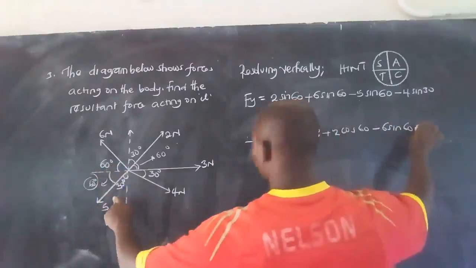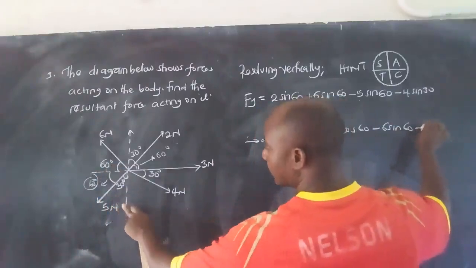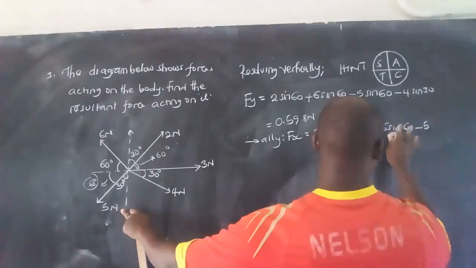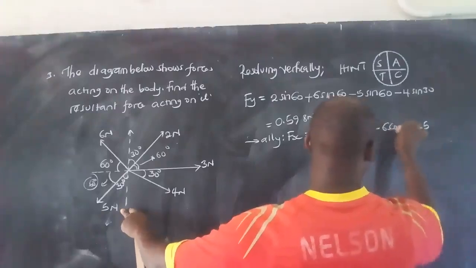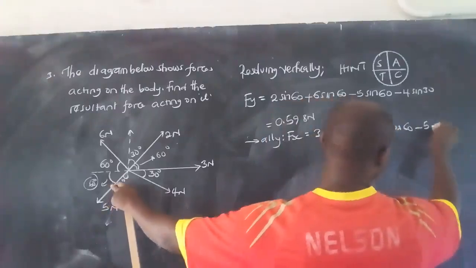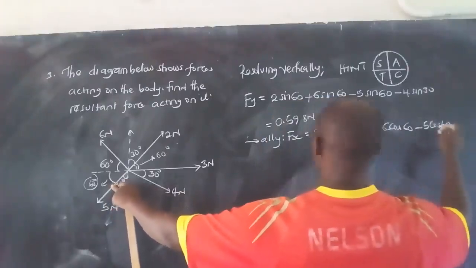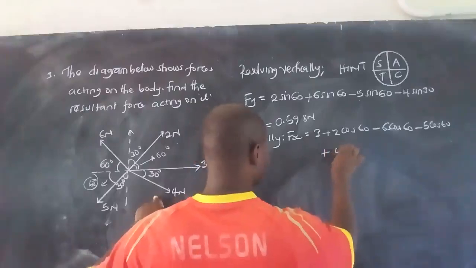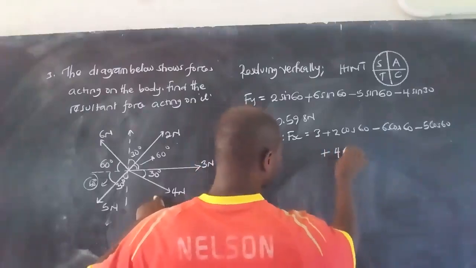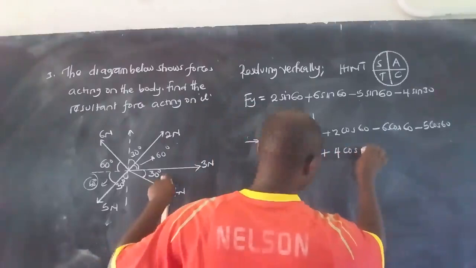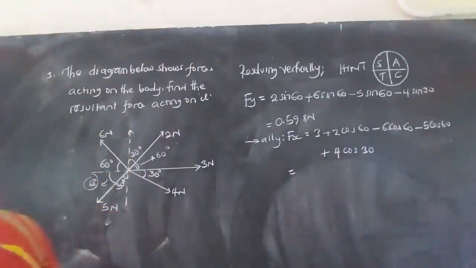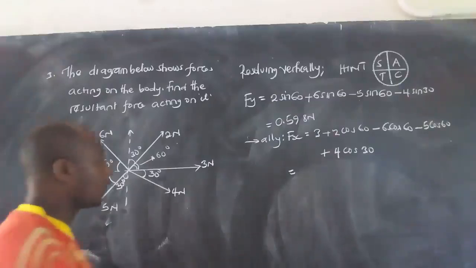Then here it is minus 5 cos of the angle 60. Then plus 4 cos of the angle it makes to the horizontal, which is 30. So when you substitute properly, you will get 1.964.